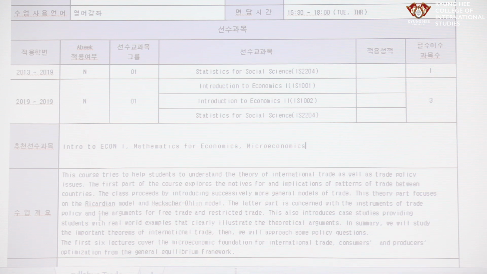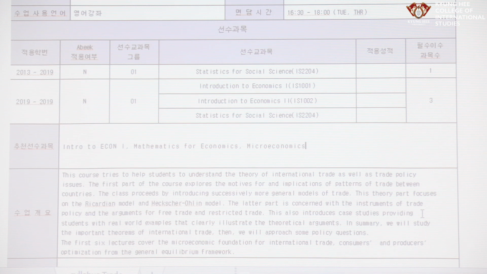And in chapter 10, we study the arguments for free trade and restricted trade. Why is free trade better than restricted trade? And sometimes, why is a protectionist policy better than a free trade policy? This policy part also introduces case studies providing students with real world examples that clearly illustrate the theoretical arguments.